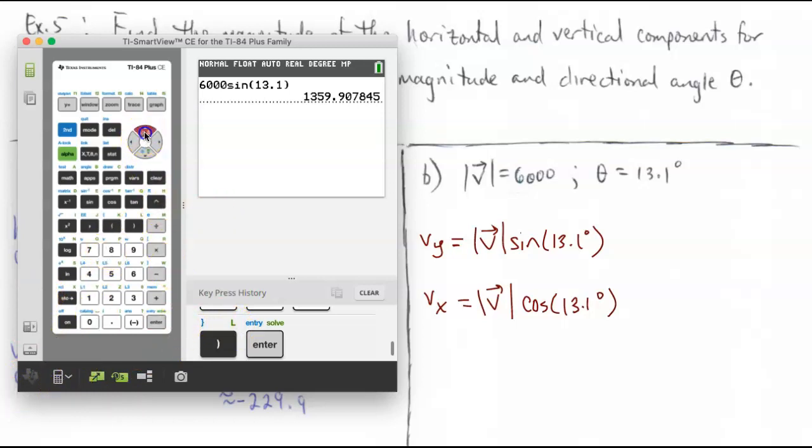We'll do the same thing over again, but this time use cosine. And we see we get 5,843.9, again if we round. Okay, and so that is what our final answers will be for both our vertical and horizontal components here.